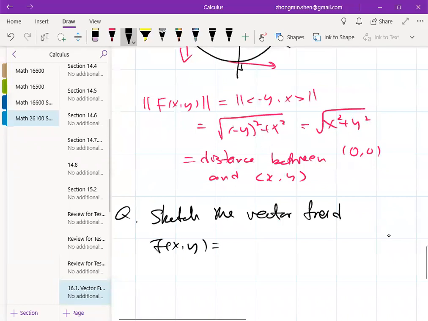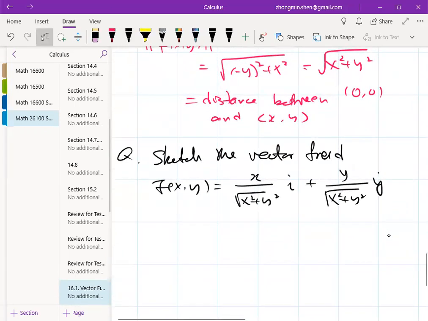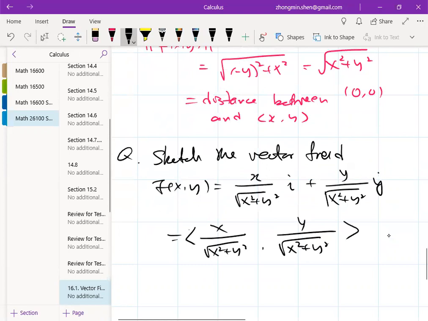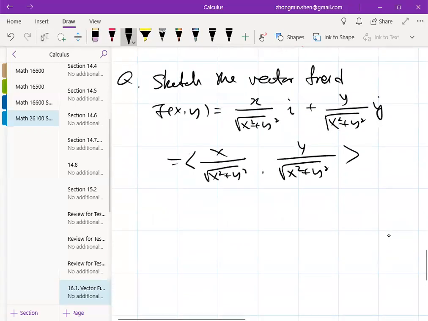Let's assume, all right, what does that mean? So this is just the inner product, so it can be written in the following form. First of all, you notice that this is a unit vector at every point.